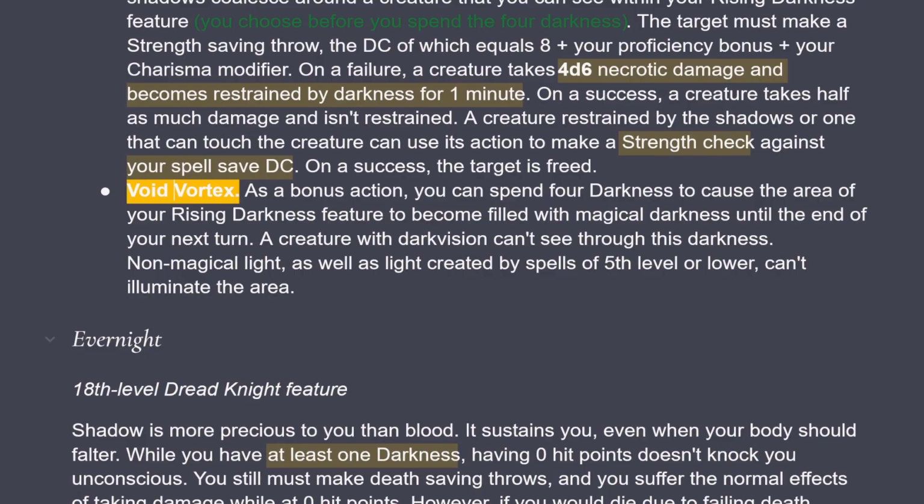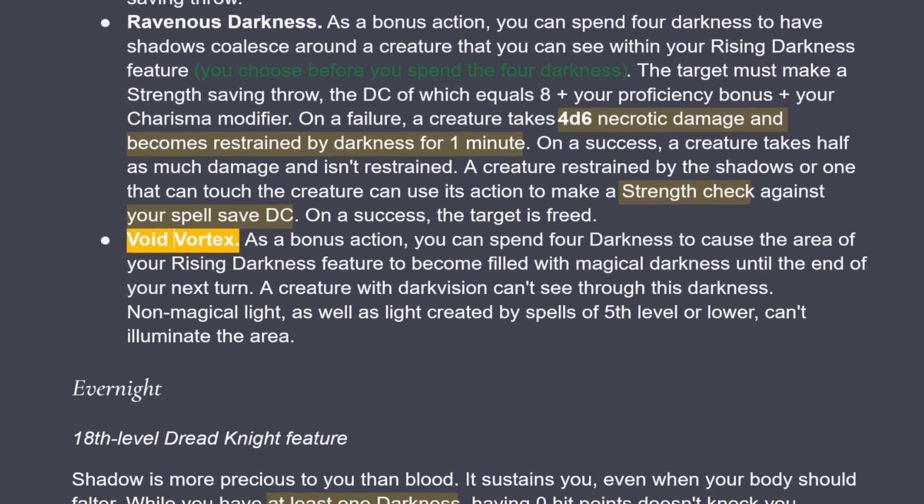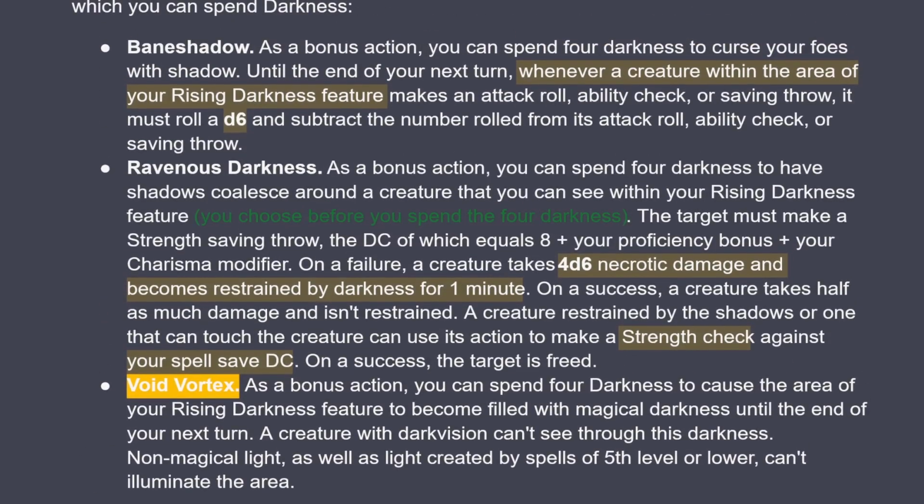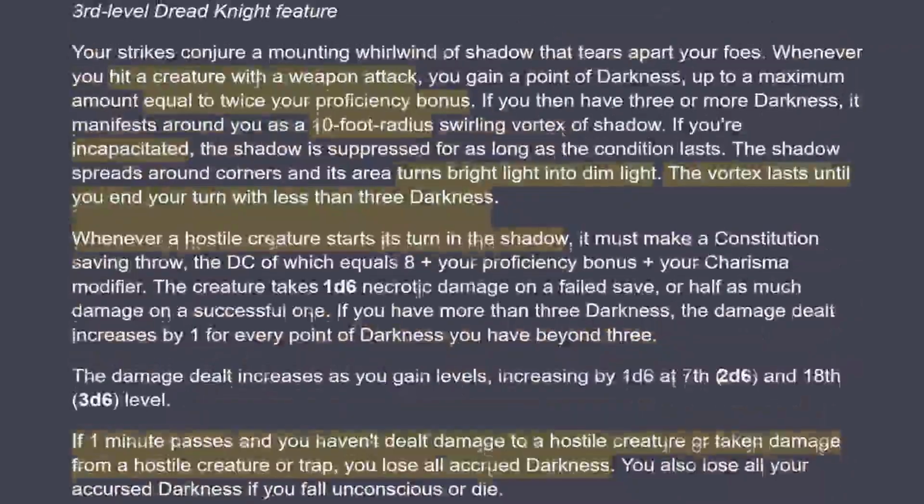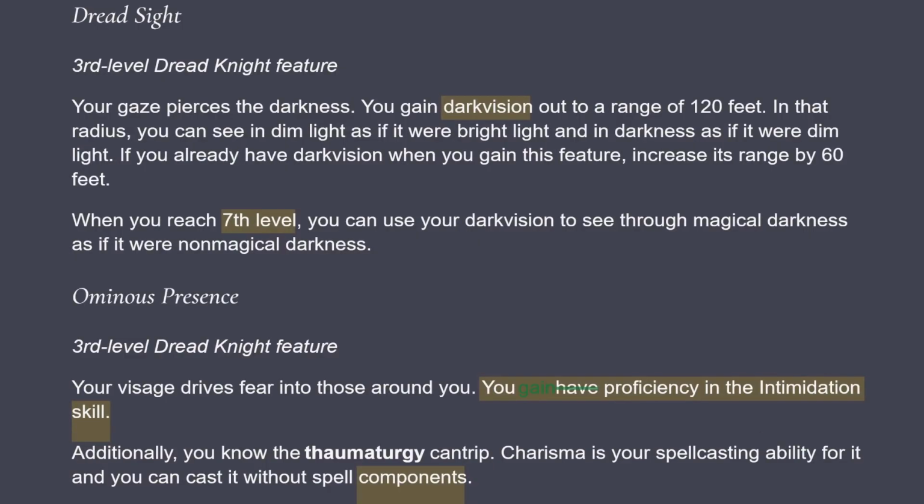And the thing is, even in the design as is, before I come in saying I would change this or whatever, all the way back at Dreadsight, we reach level 7 and we can see through magical darkness. But we can't ever on our own cast magical darkness until level 15.